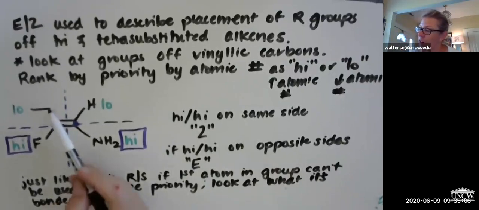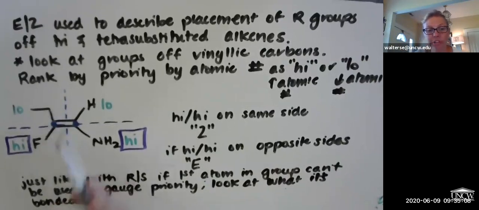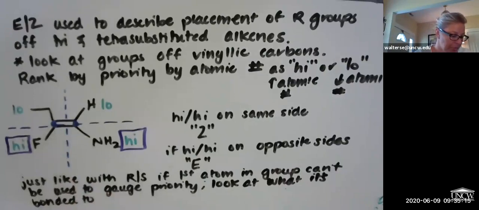So if this had been a carbon and this had been a carbon, then you would have looked to see what else those carbons had been attached to.